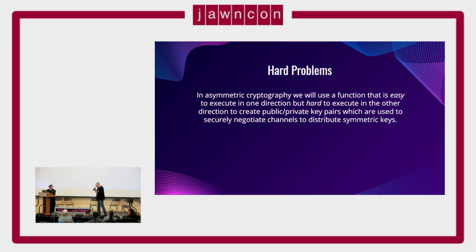So in asymmetric cryptography, we're going to identify a problem that is hard to solve in one direction, but easy to solve in another direction. So for instance, that would be factorization. We're going to create a private key and a public key, and creating those keys will be easy to do in one direction, but will create a problem that is very hard to solve in the opposite direction, for instance, factorization.